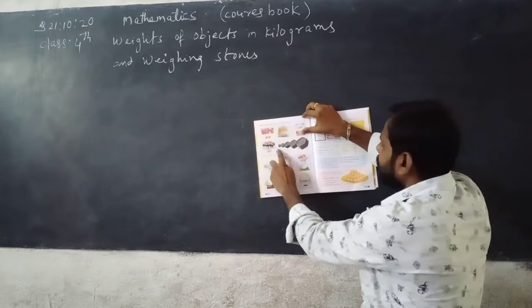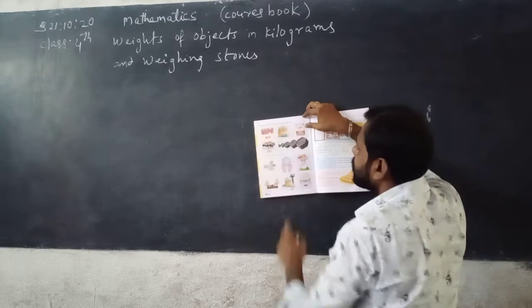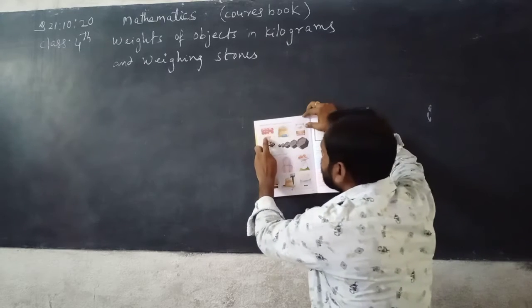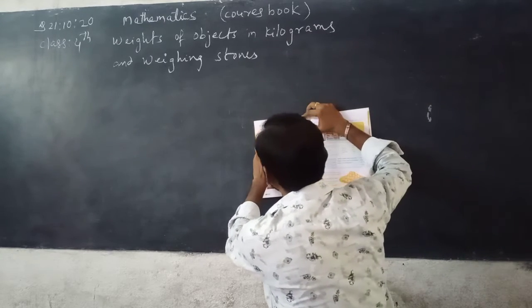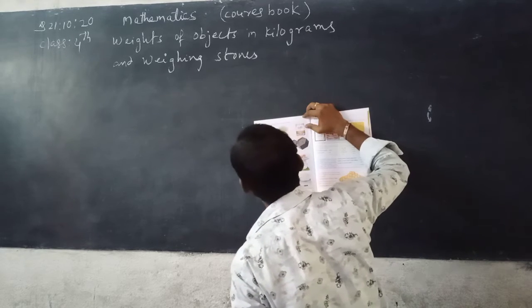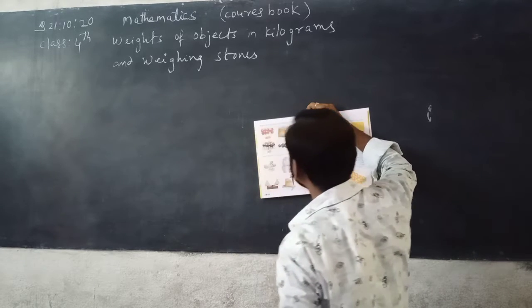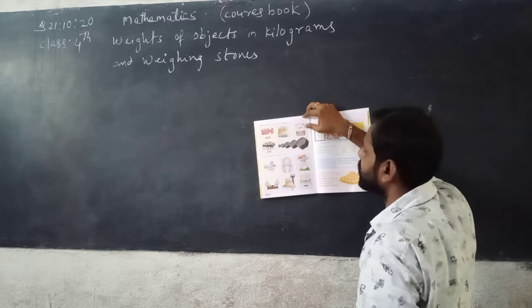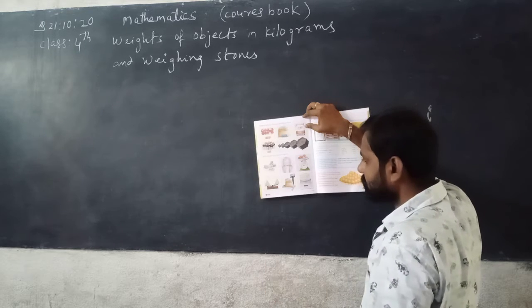These are the weighing stones. So this is the 1 kg apples, and now next 25 kgs rice, 5 kgs flour and 2 kgs birthday cake.